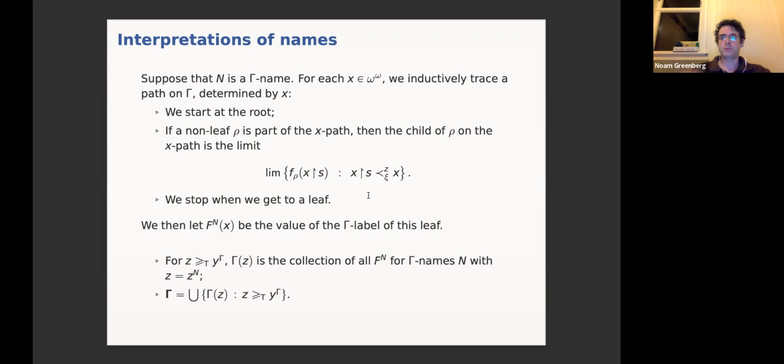We perform this approximation and we take the limit. And we keep going, and because the tree is well founded, we'll get to a leaf. That leaf is labeled either 0 or 1. That information is supplied by gamma, not by n. And the function computed by that name on that input, the real x, is that 0 or 1, the label of the leaf of gamma.